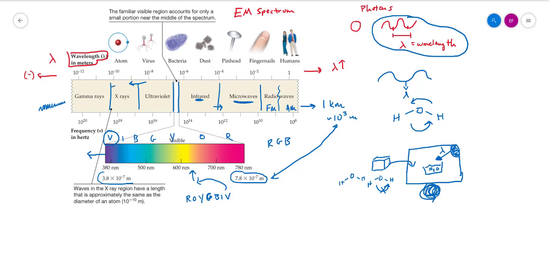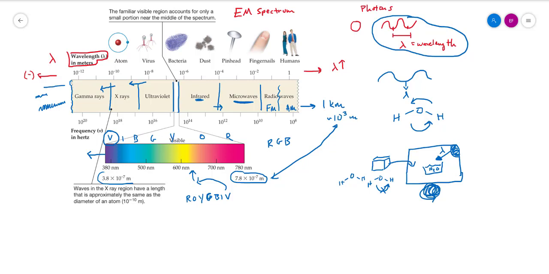And if we keep pushing further to gamma rays, these are really high frequency or short wavelengths, so they're just oscillating super, super, super fast. This stuff is pretty damaging to human tissue. It's also what's used in cancer therapeutics to kill tumors, because it will destroy cells pretty easily.